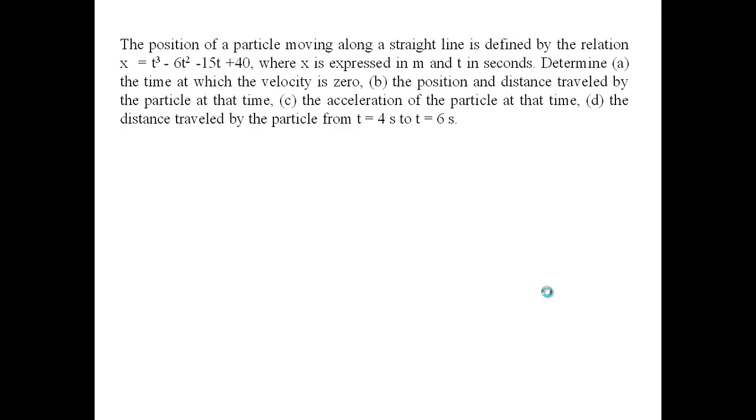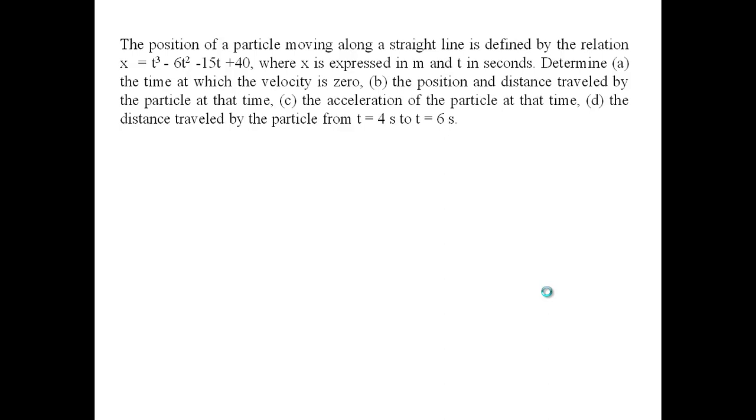The position of a particle moving along a straight line is defined by the relation x is equal to t cube minus 6t square minus 15t plus 40, where x is expressed in meter and t in seconds. Determine, first, the time at which the velocity is 0.